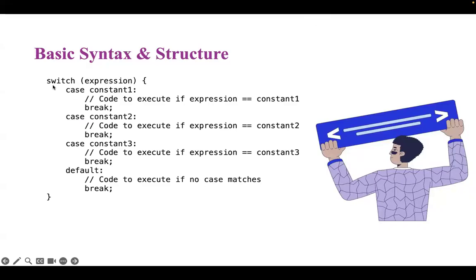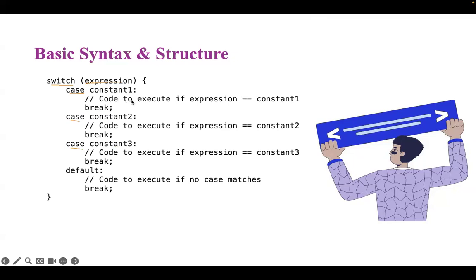This is the structure of a switch case statement. First, we have the keyword switch, and then we have the expression. Expression is basically the variable you are using. And then we are taking cases. Here we have a case, here we have a case. Like that, you can develop cases based on the conditions.